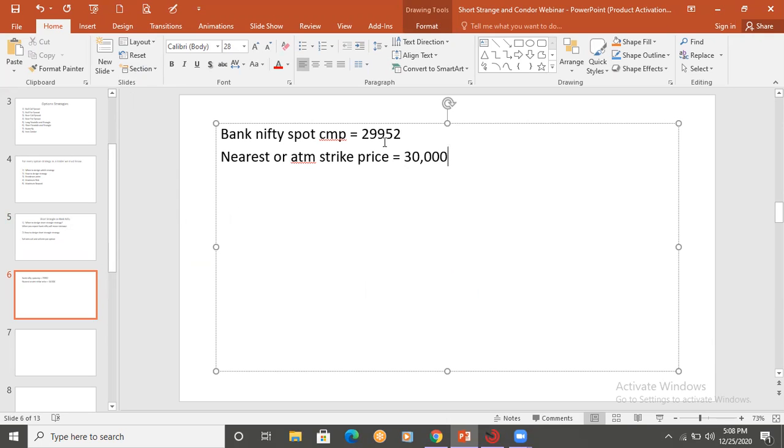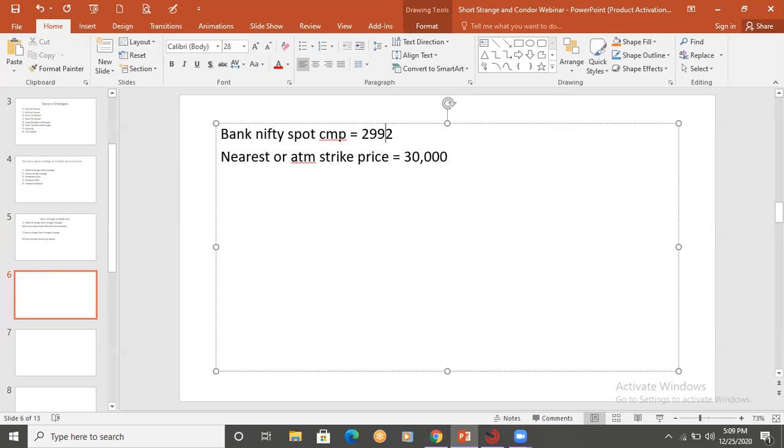As you can see, this is more than 50. 29,952 is greater than 29,950, so we need to round off. So the nearest strike price will be 30,000. If this value was less than 29,950, then the nearest strike price would have been 29,900.